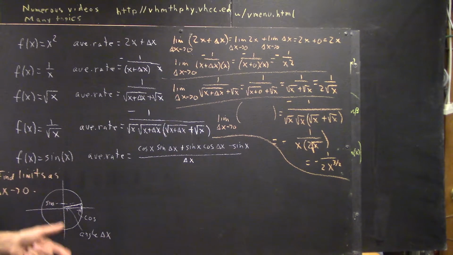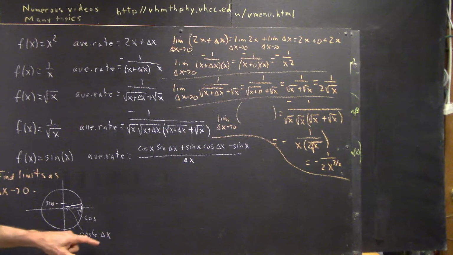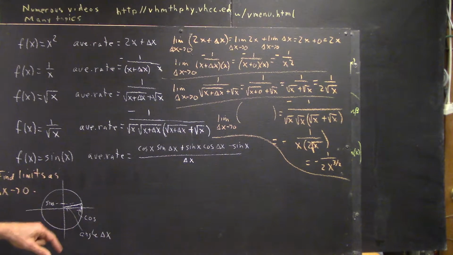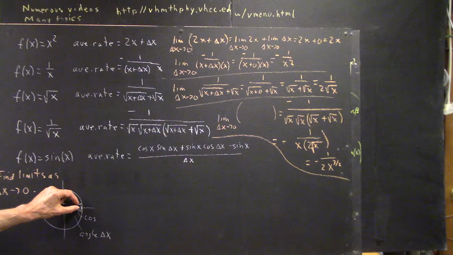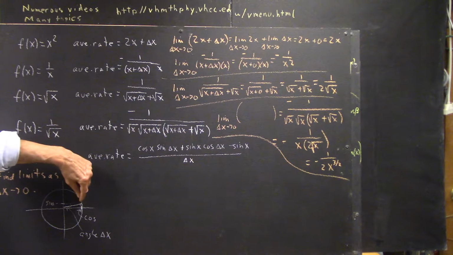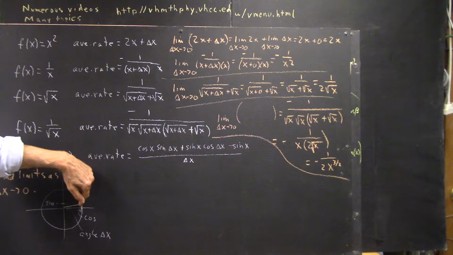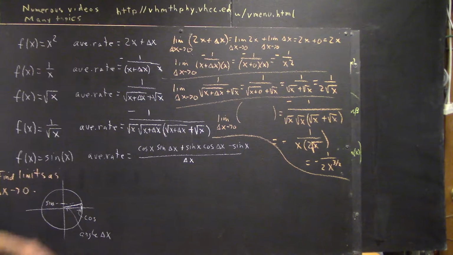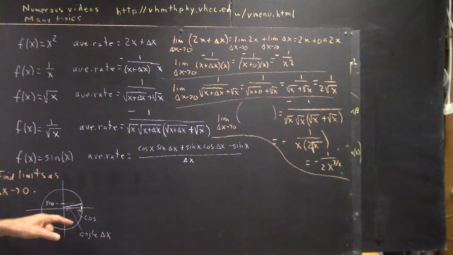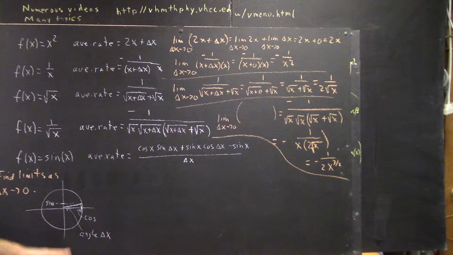Now, it turns out also, and it's important to understand this, because if this angle is in radians and this is a unit circle, then this arc here is equal to delta x, and the arc is almost equal to the opposite leg of the triangle from the angle. That is used to show that the sine of delta x for small angles is very close to delta x.